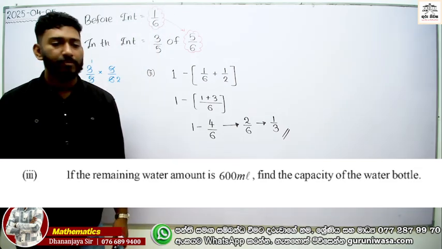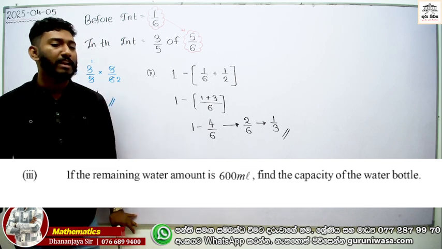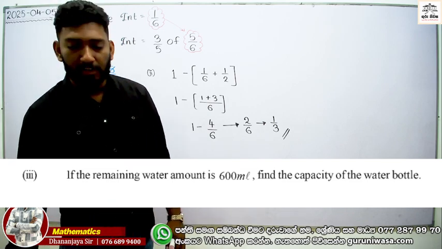Third one. If the remaining water amount is 600 milliliters, find the capacity of the water bottle. මේක ලේසි. අදමු.